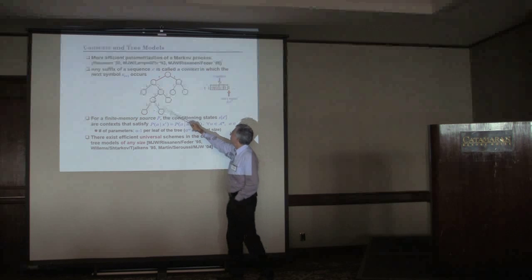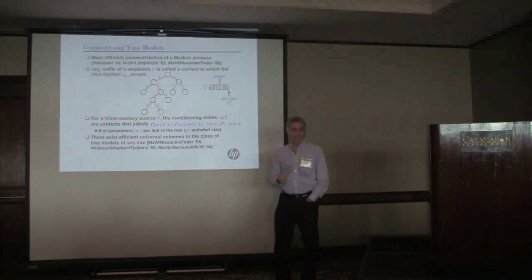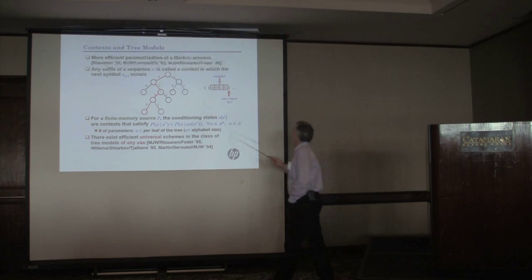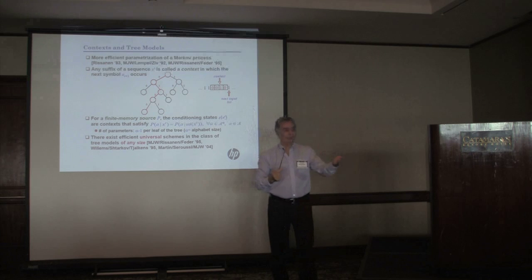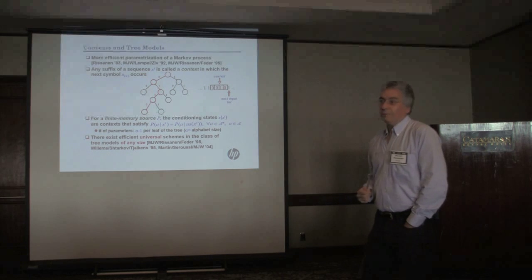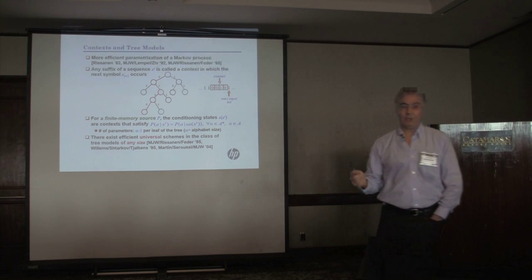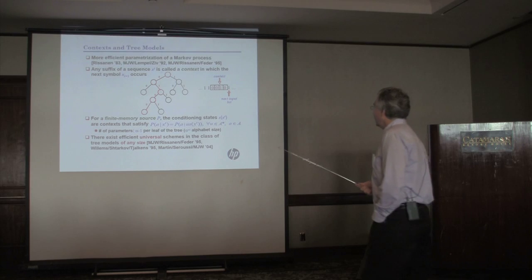But these are all possible contexts for the next bit, and the challenge is to find the best tree to represent your data, and again, you have this trade-off. You want more parameters or less parameters. Or maybe you don't have to find the best tree. Maybe you can average over all the trees and encode that way.